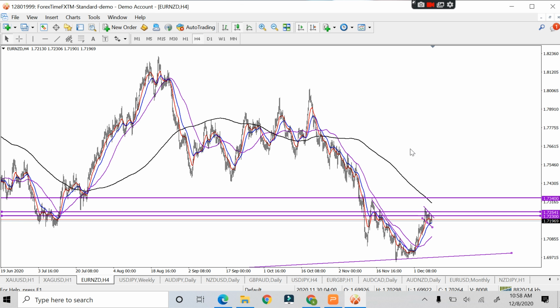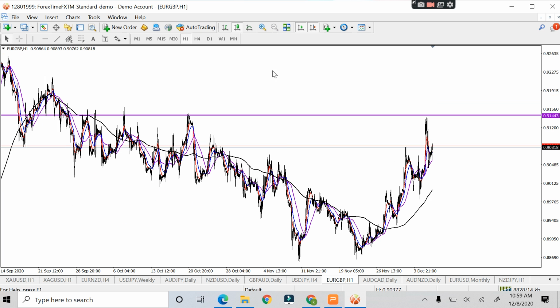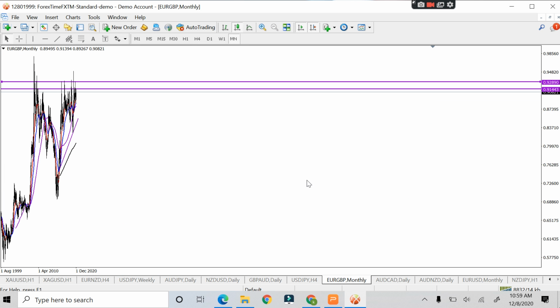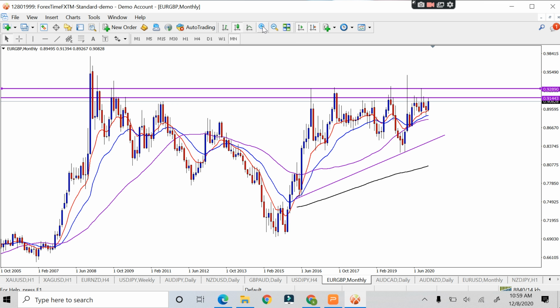Okay, let's look at Euro GBP. We've not traded that pair in a while, so let's see what it's doing. Going all the way to the monthly, the price is at a resistance area.